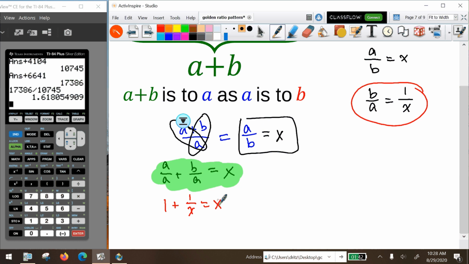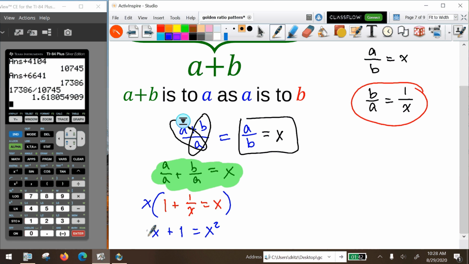This is a hard equation to solve, so what I'm going to do is multiply this entire equation by x. So I'm multiplying both sides of the equal sign by x. x times 1 is x. x times 1 over x is x over x, which is equal to 1. And x times x over here is x squared.